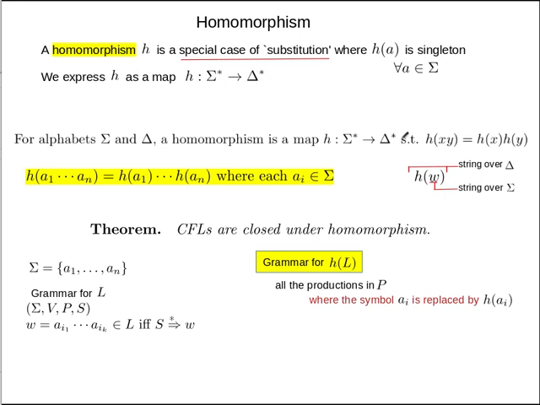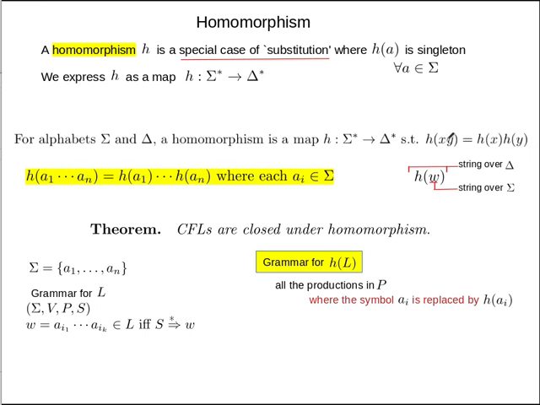Again, this comes from the substitution part: if you take h of xy, then this is h of x times h of y, and this is the reason we call it homomorphism. This means we can break down the string into all its symbols.